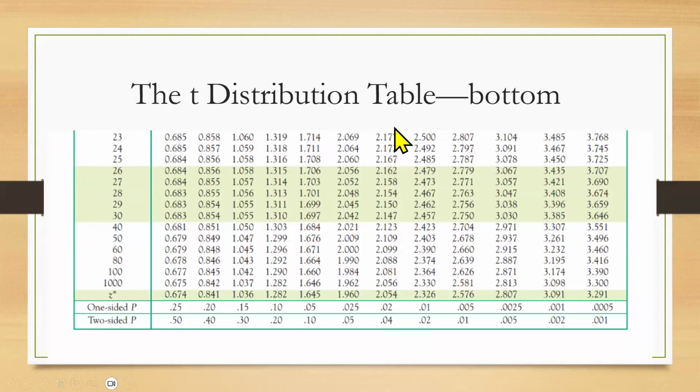So we find our value of T in the appropriate row, and then we go down to the bottom and it tells us our p-value right there. It's a little easier to use than the standard normal table once you get used to it. And in the example problems, I show you how to use it for actual practice problems too.